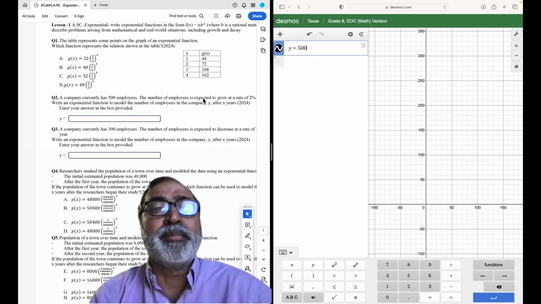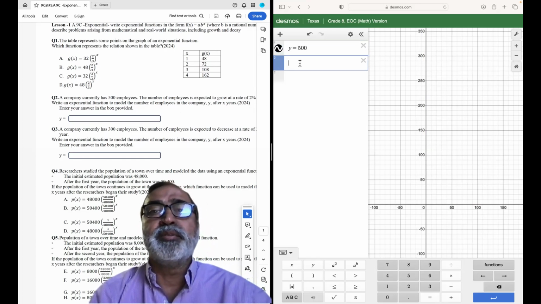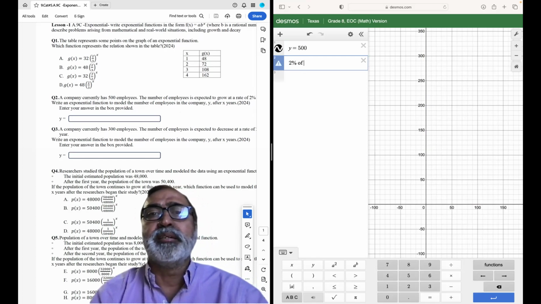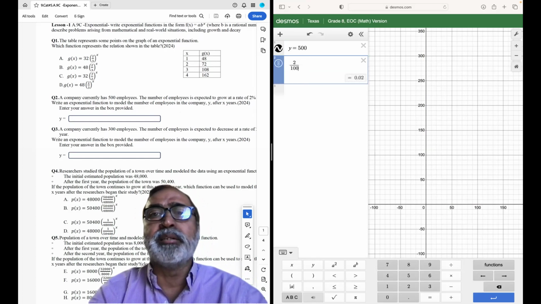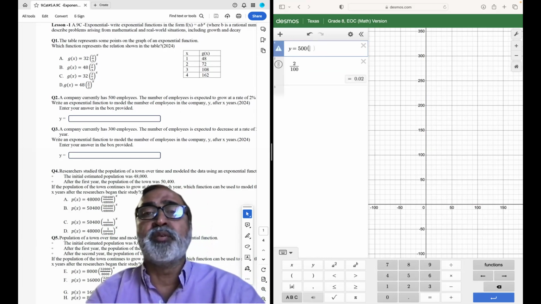It says the number of employees is expected to grow at the rate of 2%. Now, if you don't know how to change 2%, you can type 2 divided by 100, and it gives you 2%. So 2% is a growth. Whenever the question is of growth of 2%, you always add that growth to 100.